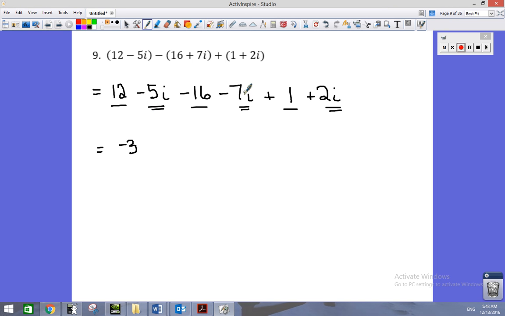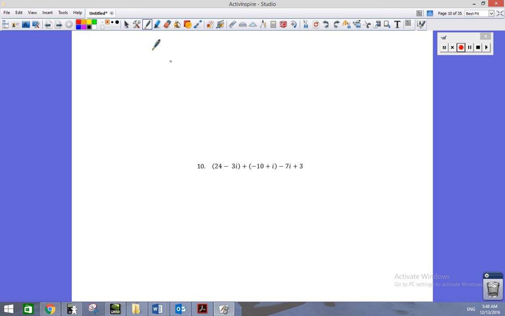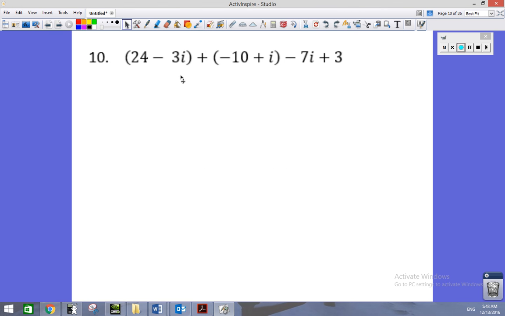Negative 5 and negative 7 is probably negative 12. Plus 2, negative 10. So I just combined like terms and hope that I didn't make a silly mistake. And the same here. 24 minus 10 is 14. 14 plus 3 is 17. The negative 3i and negative 7i is negative 10i, plus 1i is negative 9i.